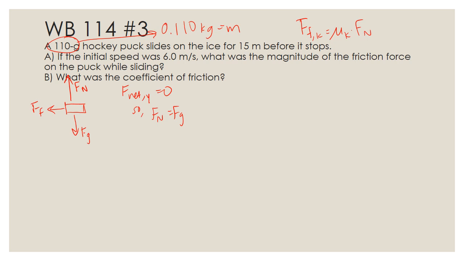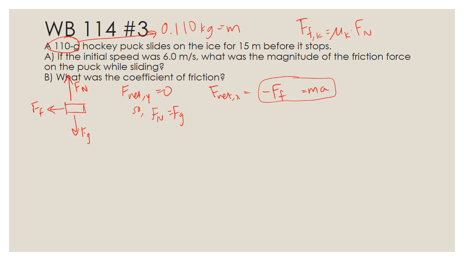I'm going to have to use my force diagram and think about how to get to finding the friction that way. So we know that if you have an unbalanced force to the left, it's going to be causing the mass to accelerate. So our negative force of friction, negative because it's in the negative backwards direction, is going to equal mass times acceleration. So if I can use that expression, I can find the force of friction.